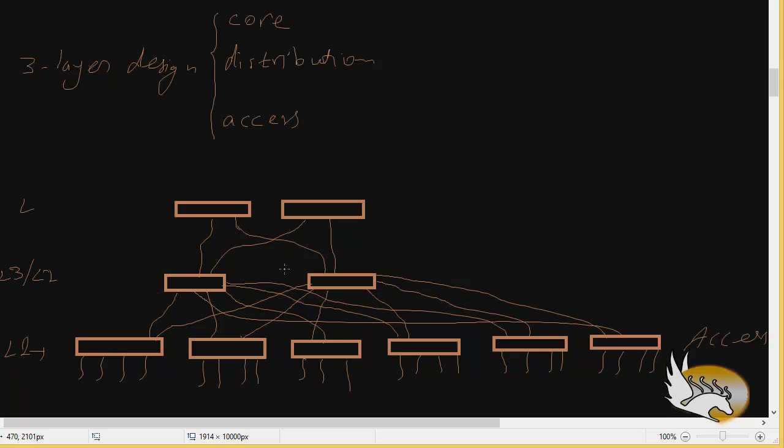So you can see that using this design, you can have a lot of devices connected to your switches. They can connect to a higher level switch like this, the distribution switch, or core and distribution at the same time. And you can, of course, do a kind of routing that is called inter-VLAN routing.